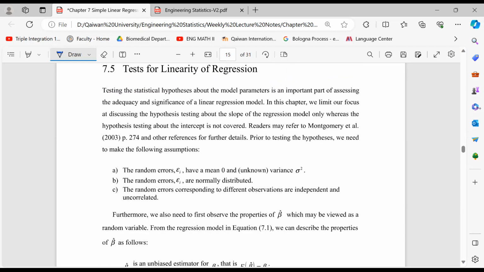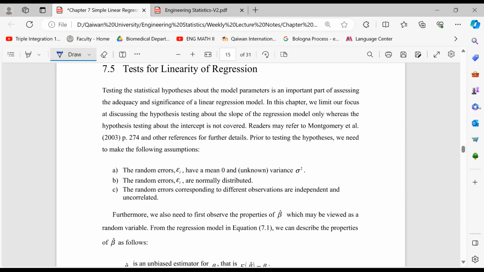Then we have the test of linearity of regression. As I said, we have three topics in this chapter. The first topic was only about finding the equation. In the equation, we have two components, alpha hat and beta hat. Alpha hat represents the y-intercept.